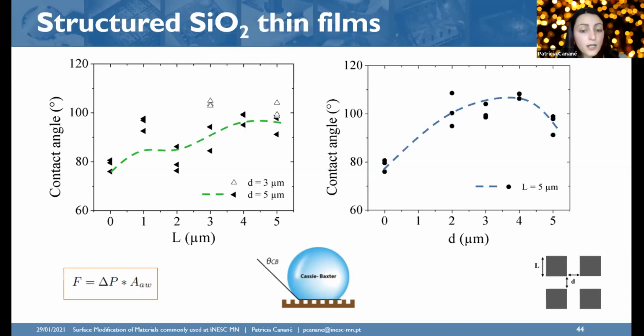So basically, when the droplet is in contact with this type of surface, an energy barrier is established between the air and the liquid, and there is a very stable equilibrium between air, liquid, and substrate. So the smaller the spacing, the higher the pressure must be to surpass this surface barrier that is present between these two elements.